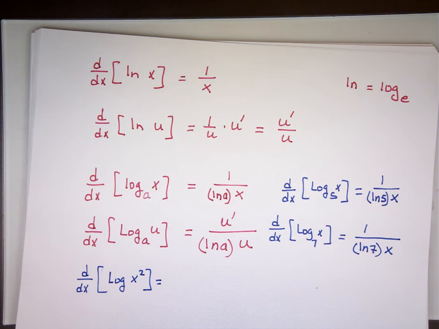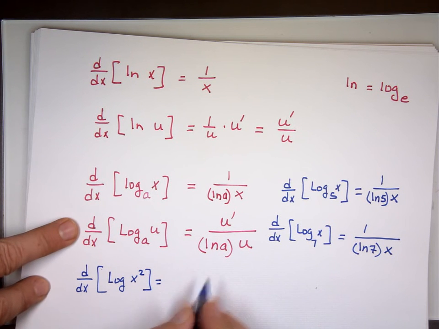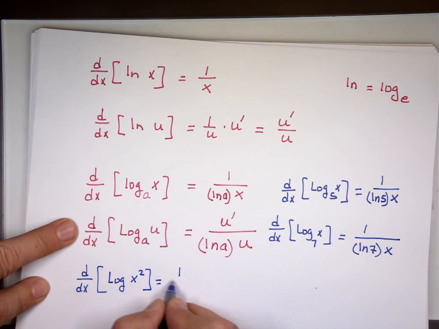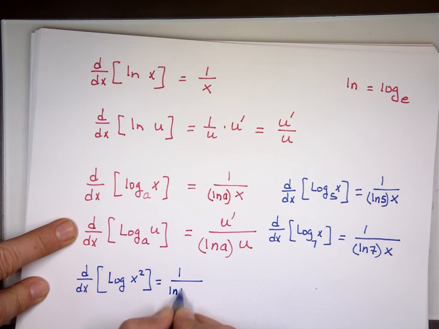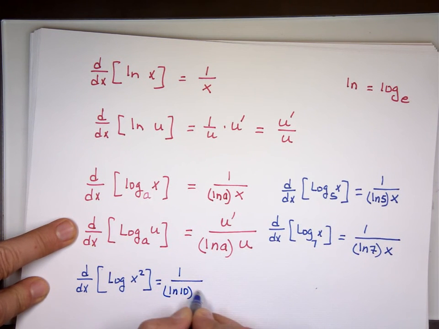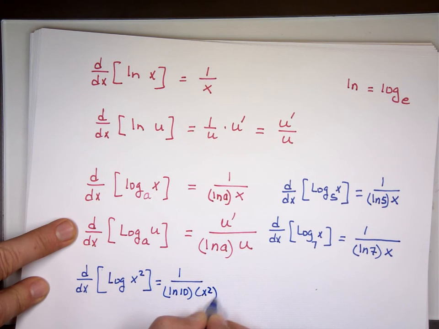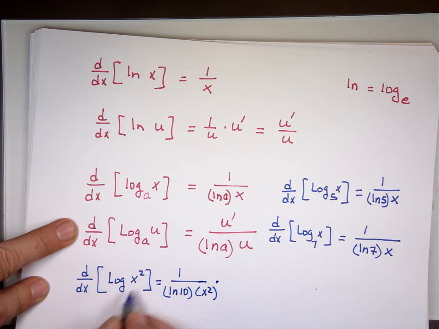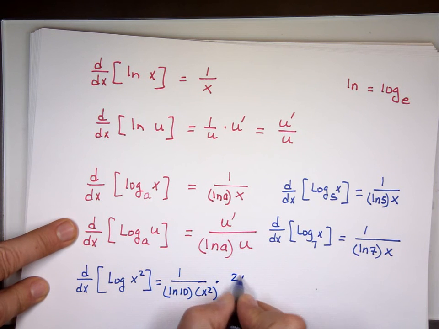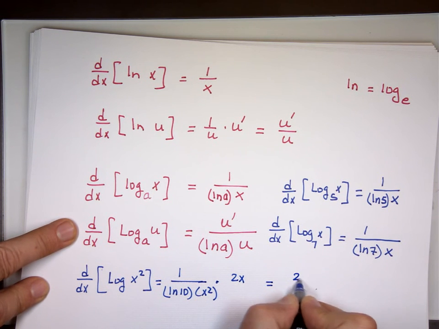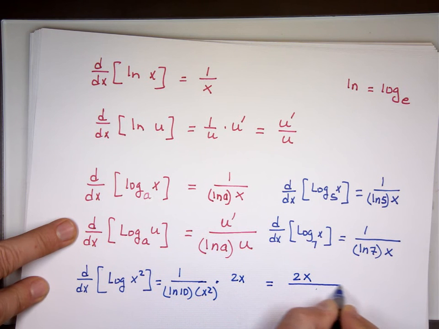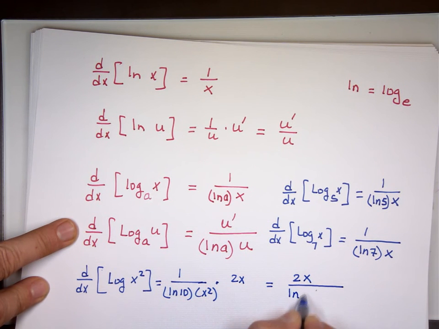So that would be what? 1 over natural log of 10 times what? X squared. And now you've got to take this, multiply it by the derivative of x squared, which is what? 2x. So when you clean it, that's 2x over the natural log of 10 times x squared.